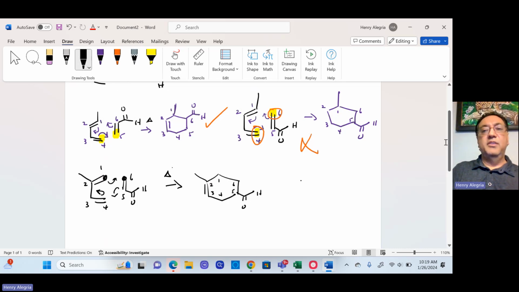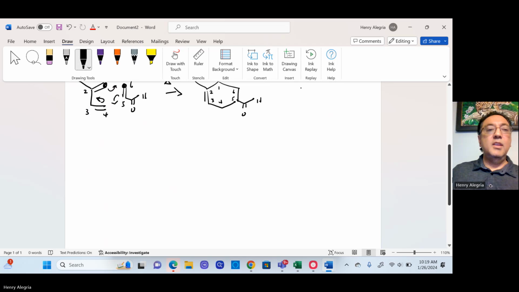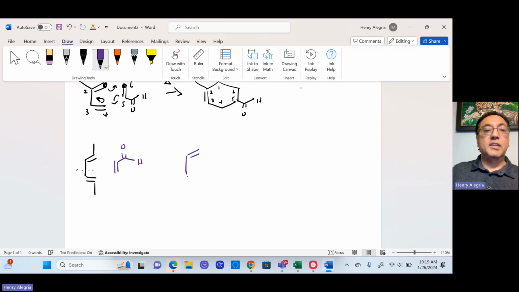Now, final word here, obviously, if I were to have started with, let's say, a diene like that, then that diene is perfectly symmetrical. Does it make a difference if I put it this way, versus if I orient it this way? And the answer is no, because you have symmetry in your diene.